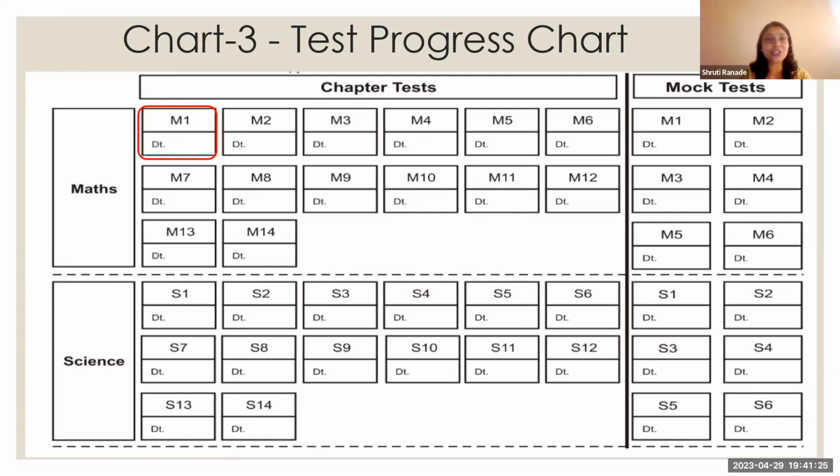The student is supposed to fill in the date whenever he or she takes the exam. So if you have taken the M9 paper, in the M9 box, you can just write the date when you have taken the paper. This helps you to keep track of how many papers you have taken and what all are pending. The same can be done with mock tests.